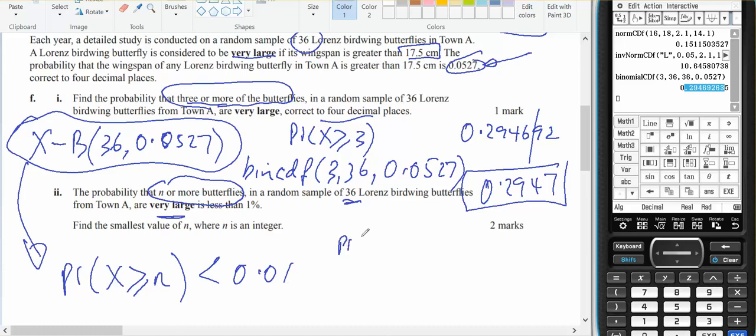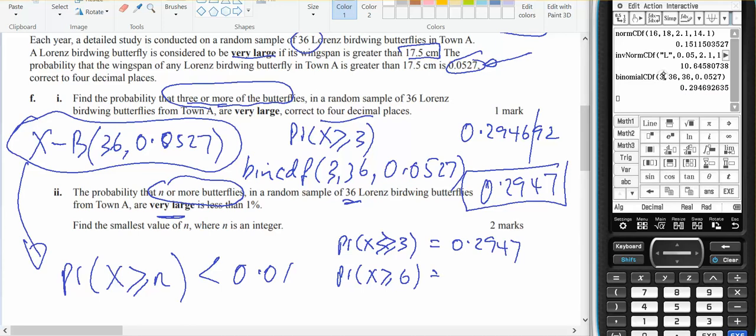I know the probability that X bigger than or equal to 3 is equal to 0.2947. So I might go X bigger than or equal to 6. So I can come back up here and I can change that to 6. And that's 0.0106. That's bigger than 0.01, so that's no good.